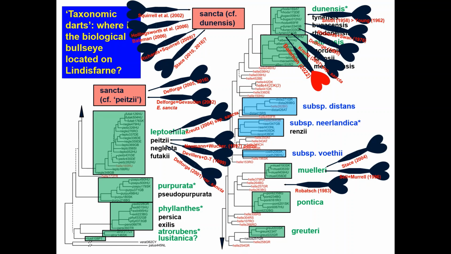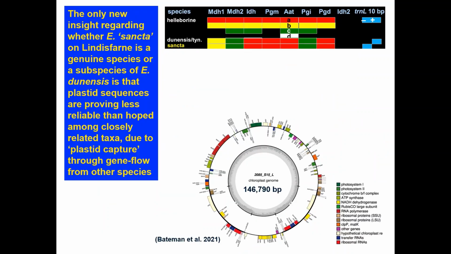Well, not because we included material from Lindisfarne in our high-level genetic analysis. There are no Lindisfarne plants in this evolutionary tree. It was because the genetic evidence on which we decided that the Lindisfarne plants look like a distinct species was very limited. We're going back 20 years.